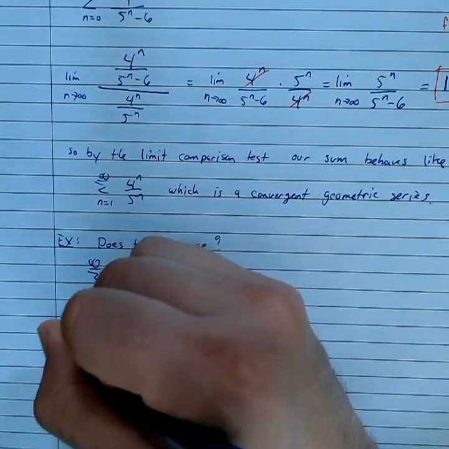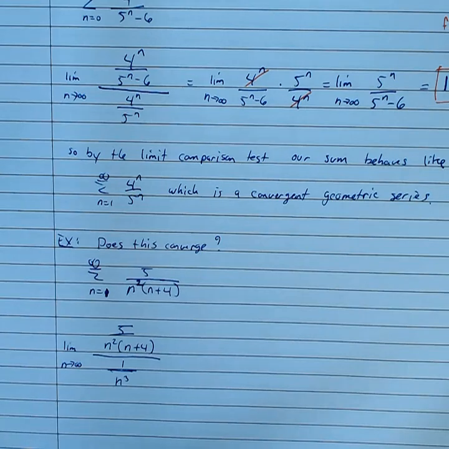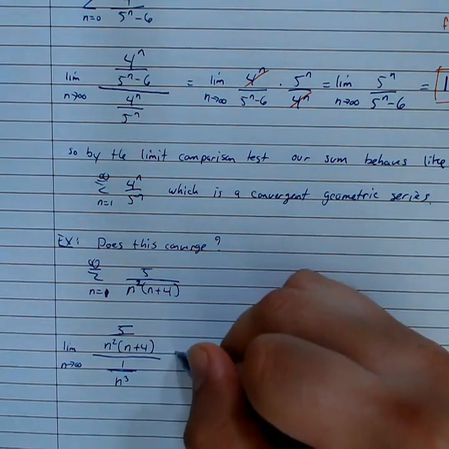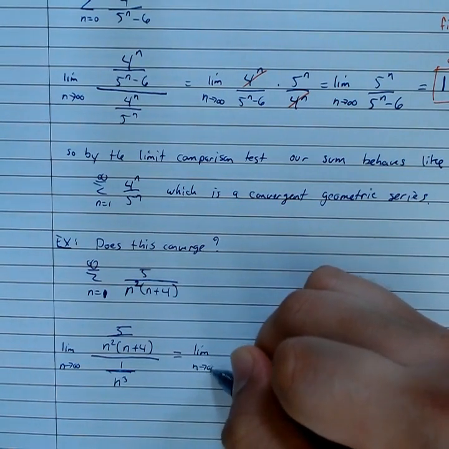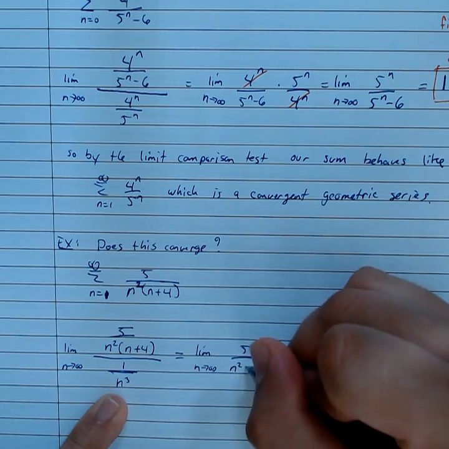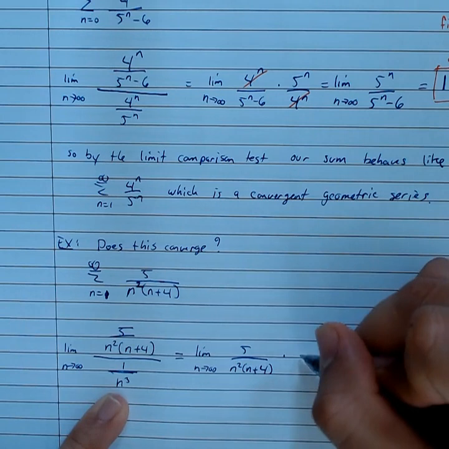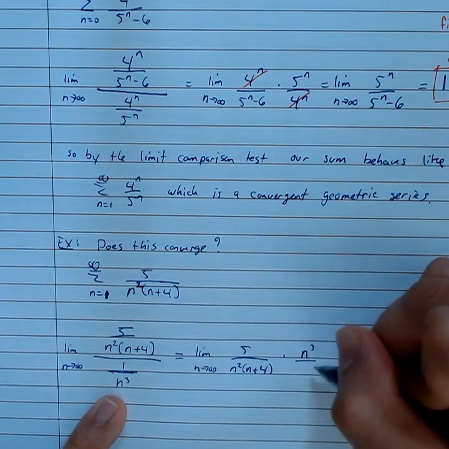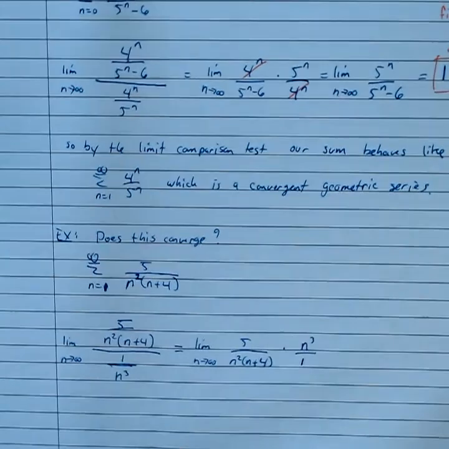So now let's take the limit as n approaches infinity of this thing. Well, that's going to be the limit as n approaches infinity of 5 over n squared times n plus 4, times, we're going to multiply by the reciprocal here, n to the third over 1.